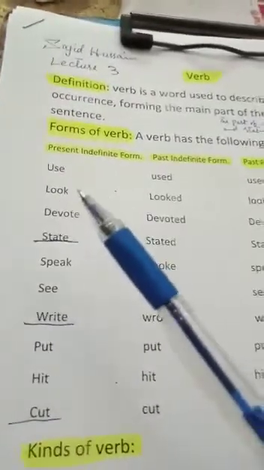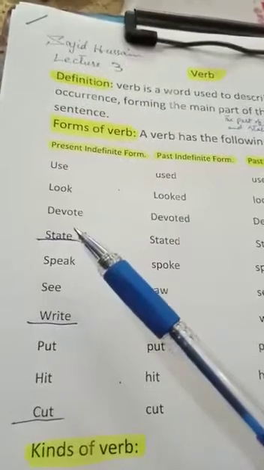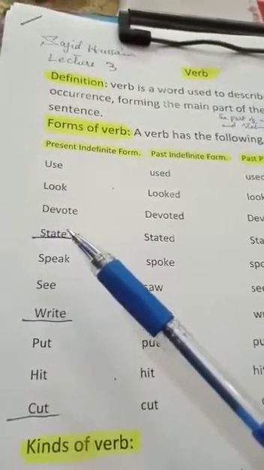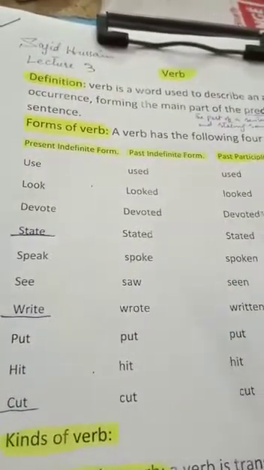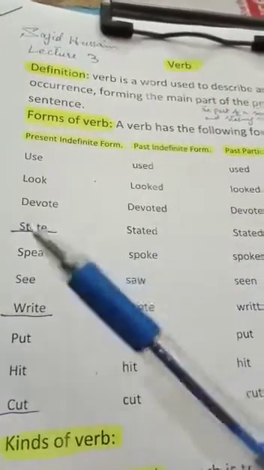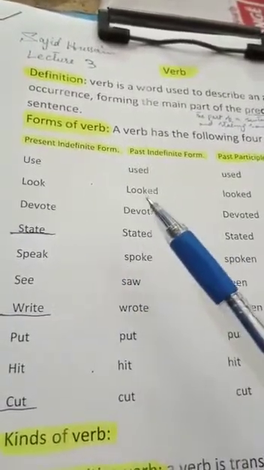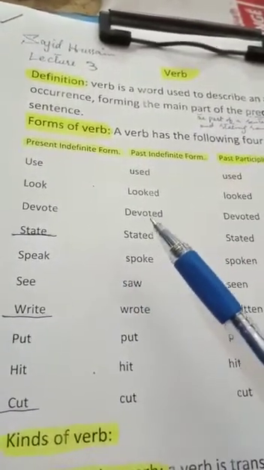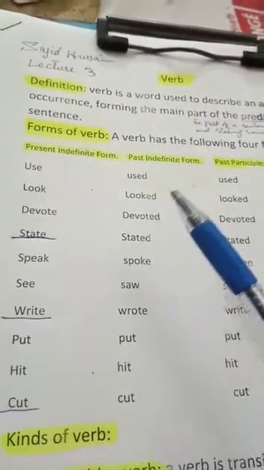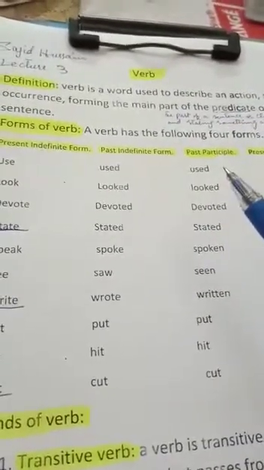These four verbs follow a particular way or a particular pattern to develop their different forms. What I mean is that the present indefinite form takes either ed or d to develop the past indefinite and past participle forms.